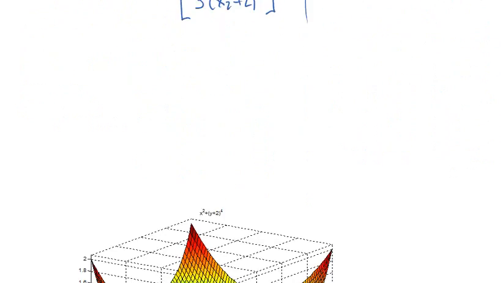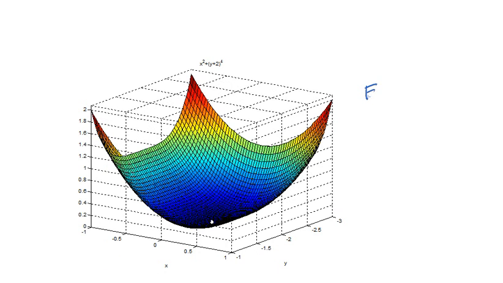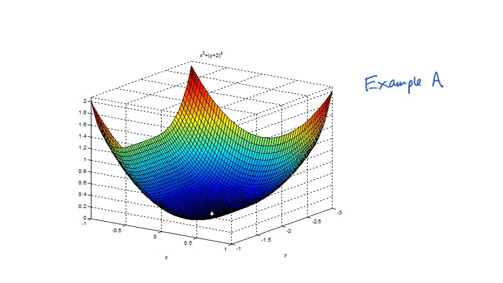However, they behave very differently. So here's example A. And the point that we found, 0, negative 2, is this white dot here. So this is the point x1 equals 0, x2 equals negative 2. And that's clearly a local minimum of this surface.